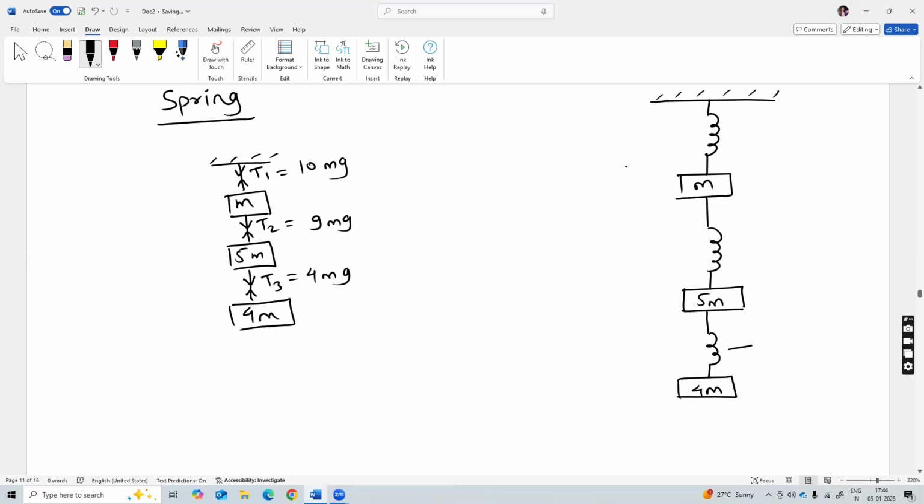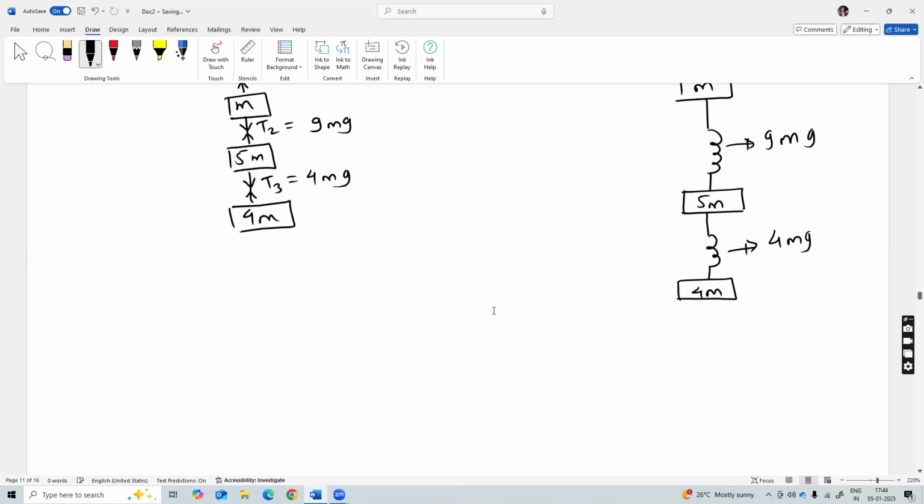So in this case, it will be 4 mg, here it will be 9 mg, and here it will be 10 mg. Okay, so if you have, let's say, a spring of length L.